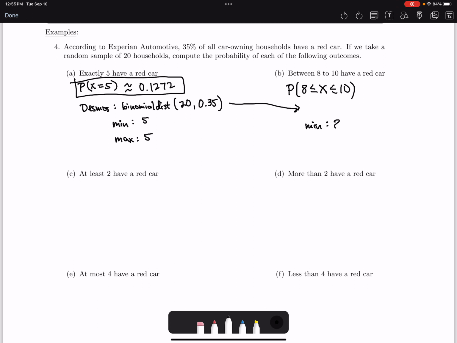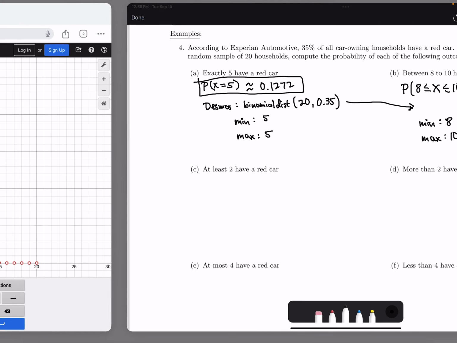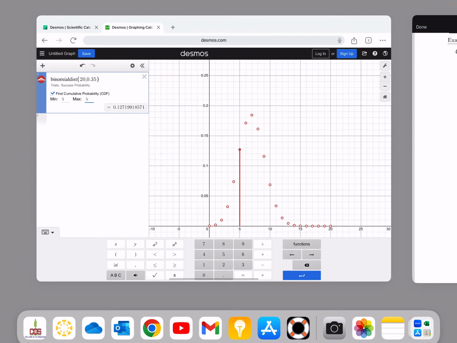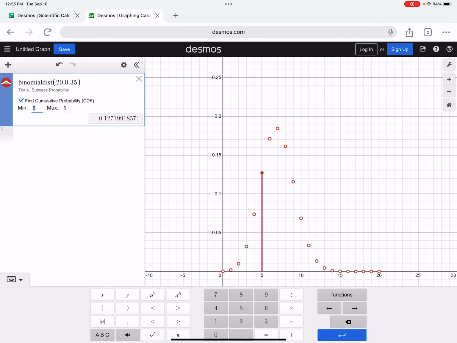My minimum this time is going to be 8, and my maximum is going to be 10. So I'm changing my minimum to 8, changing my maximum to 10. And you can see again, it's highlighting those 3 bars, 8, 9, and 10, and it's adding them up for us. So that's about 0.3458.